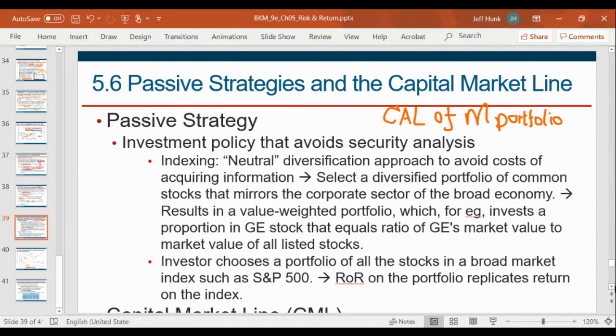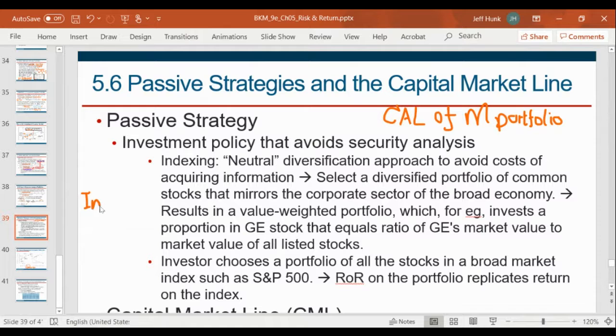I already explained this. So actually, you don't have to do this. There are index funds, right? Market index funds or exchange traded funds, ETFs.